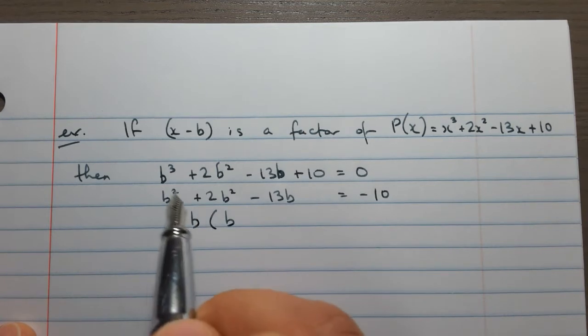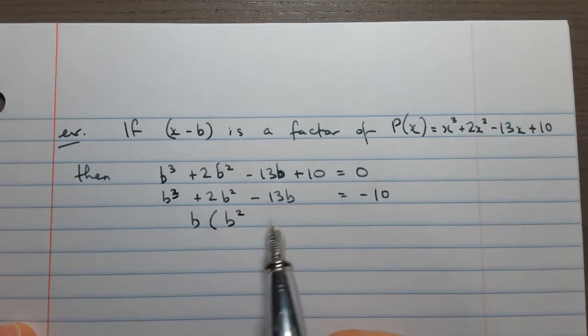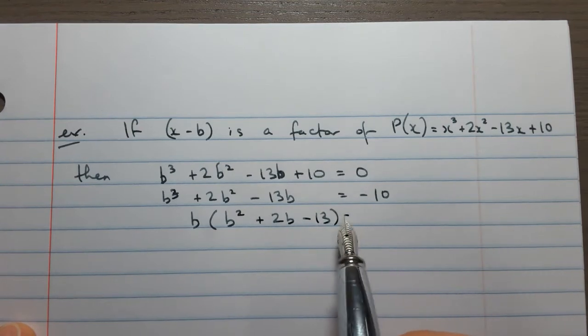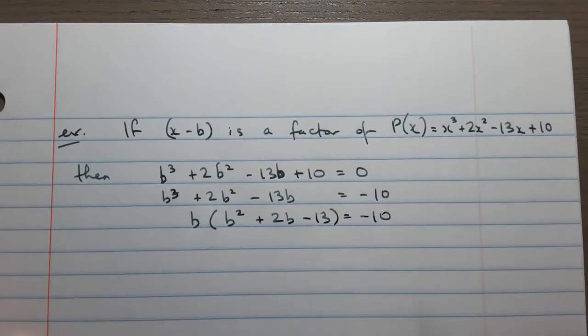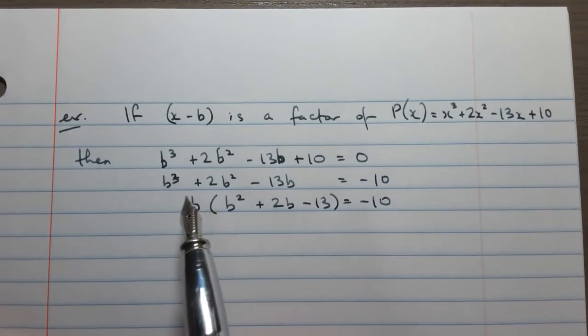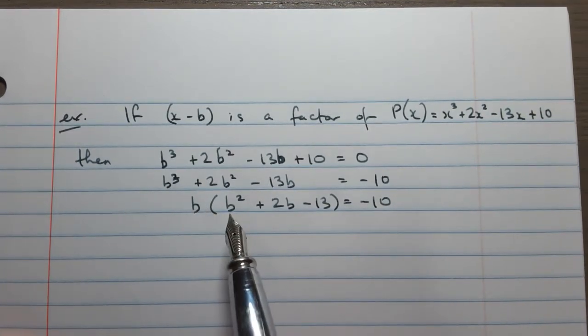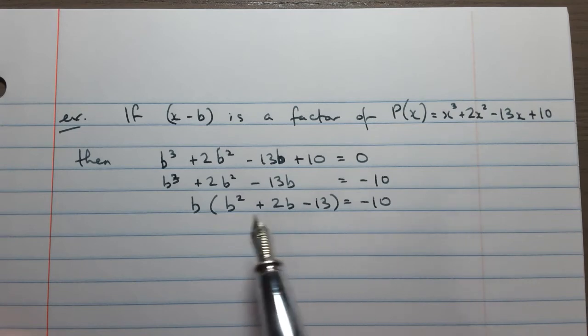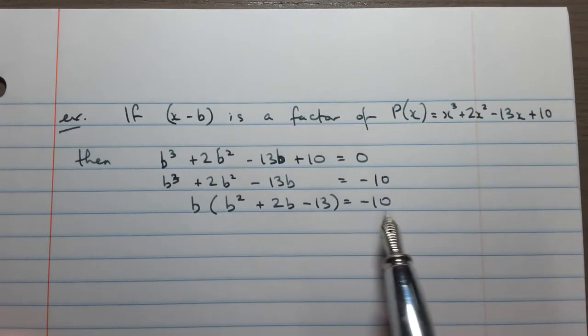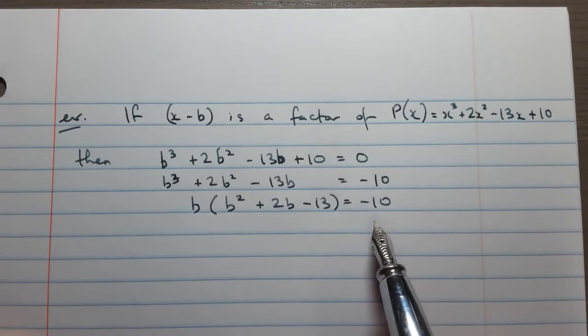I'll be left with, oh, sorry, that was a b cubed, so now I have b times b squared plus 2b minus 13 is negative 10. So let's take a look at what this means then. Some number b times this polynomial, which has b in it, when you multiply those, you get negative 10.